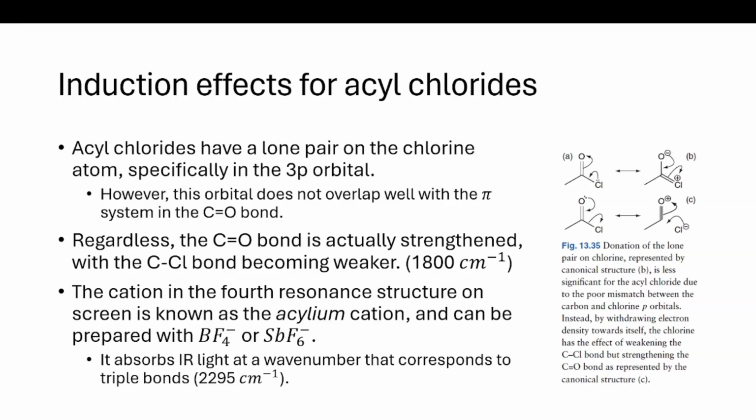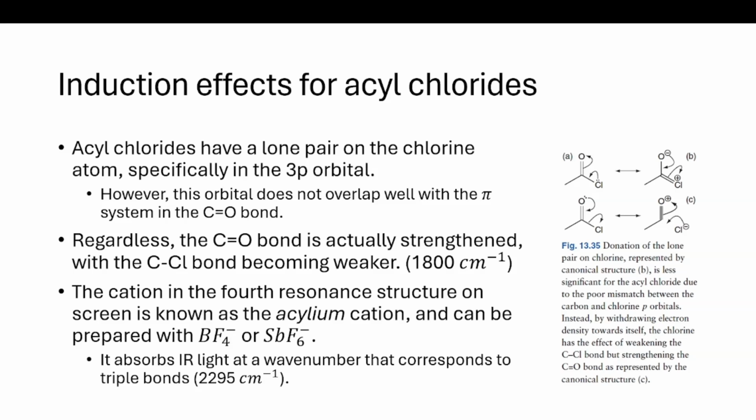Now, I also wanted to talk about induction effects. As we know, acyl chlorides, also known as acid chlorides, have a lone pair on a chlorine atom, specifically in the 3p orbital. However, we've already seen in chapter 11 that this 3p orbital does not overlap well with the pi system in the carbon-oxygen double bond.